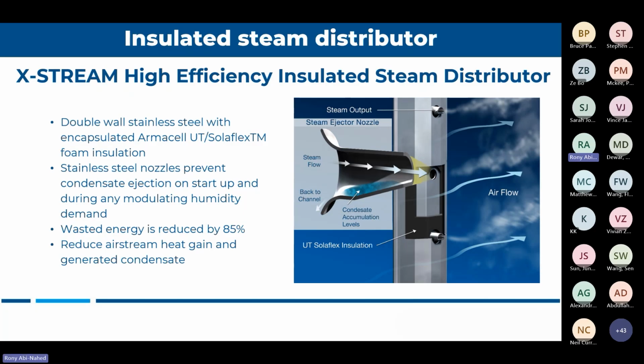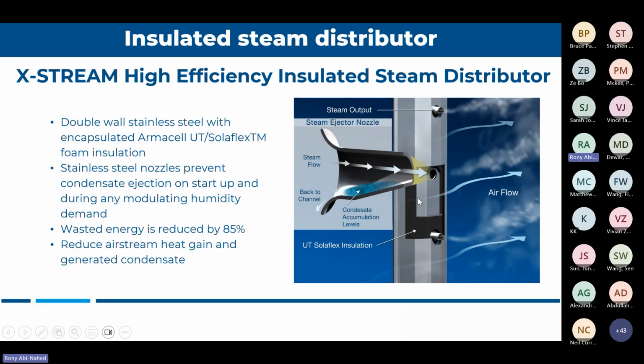Because by insulating, you're minimizing, depending who you're speccing, there's different brands. Everyone insulates in different ways. Some brands' insulation is very efficient, like you can minimize your condensation loss by 85%, which is huge.